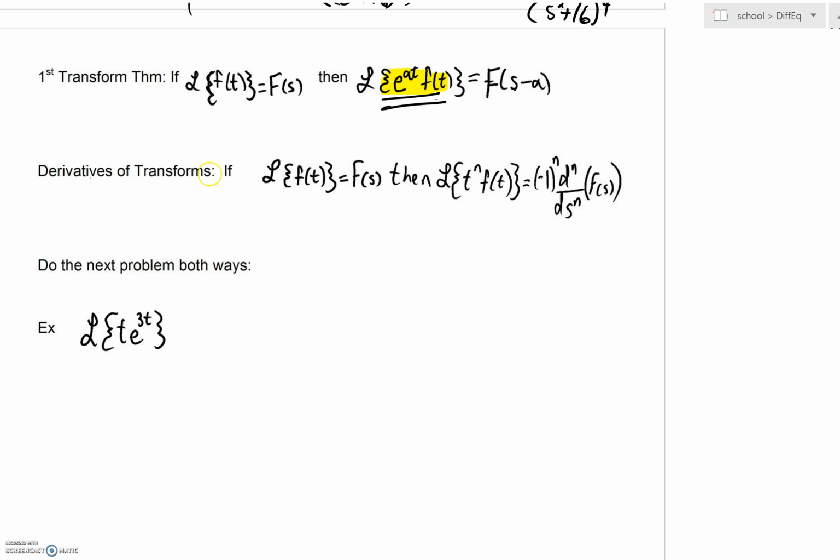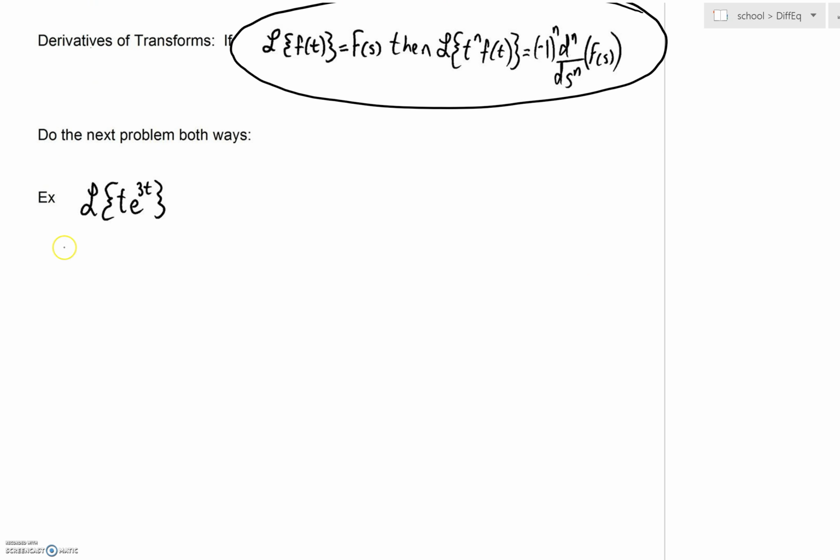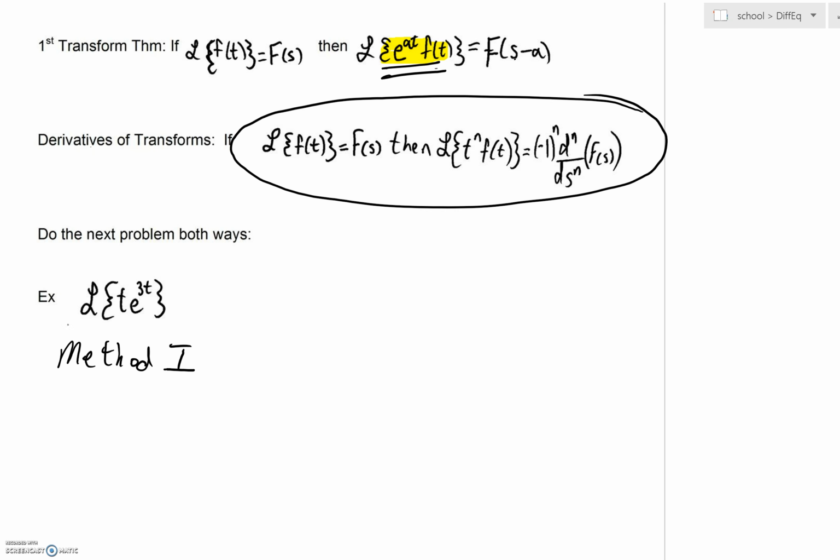But today we learned this new form. Sometimes you could do a problem either way. And that's what we're about to do right now. So we've got method 1 right here. Let's go back to our first transform. And we're going to say, hey, let's bring the e to the 3t out in front.